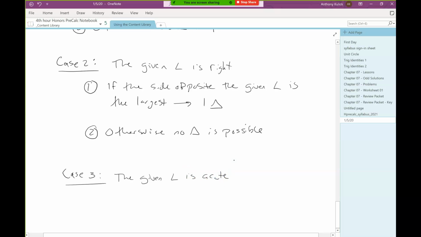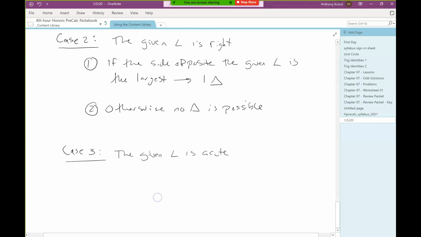And if it is the biggest, only one triangle can exist. The place where we have to be careful is if the given angle is acute.